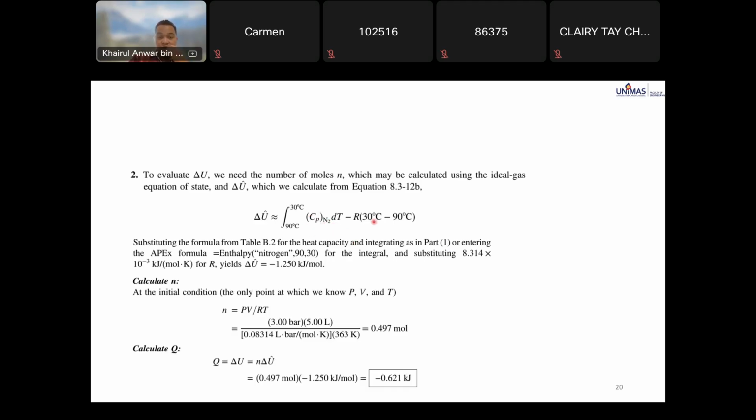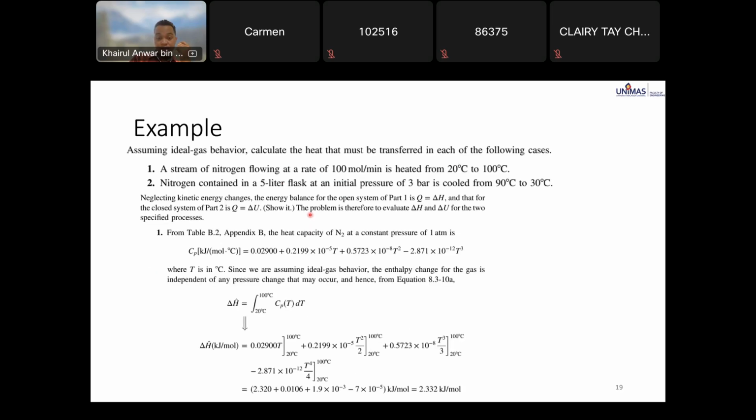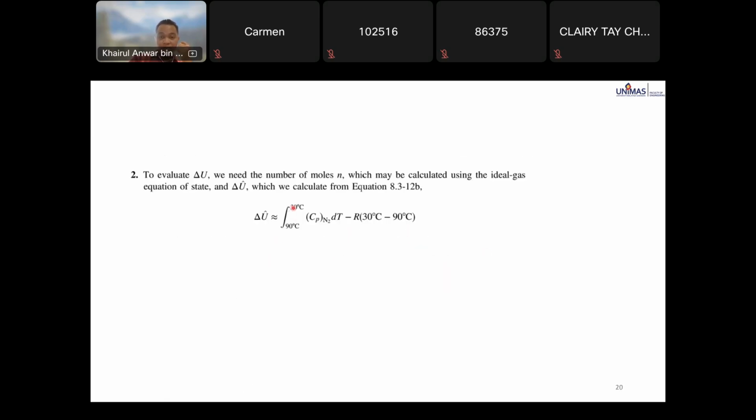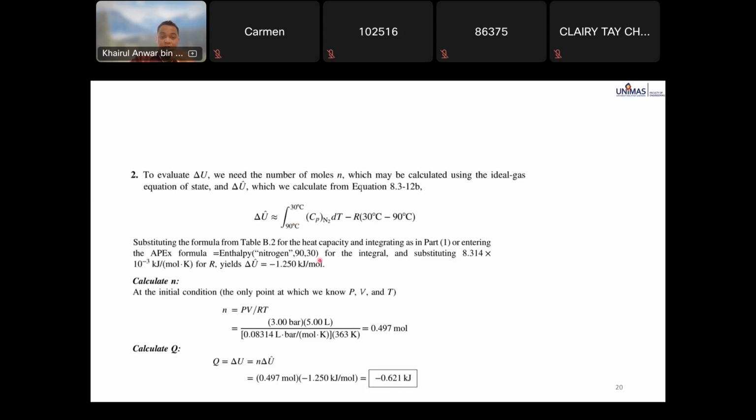If you use Cp, then you need to include the ideal gas constant, R. The expression for Cp is the same, but the temperature is not 90 to 30, it's cooled from 90 to 30.